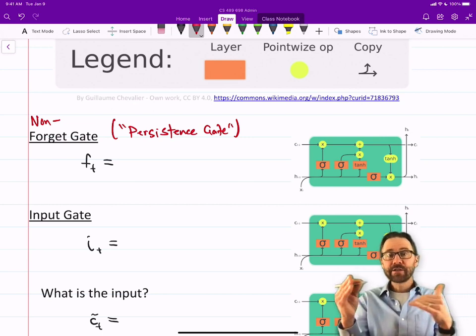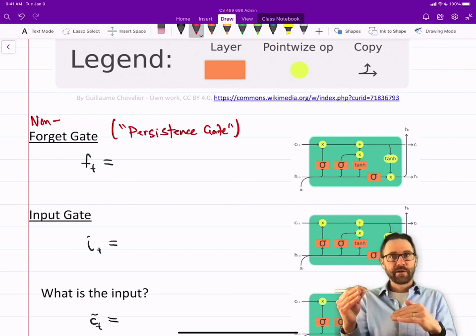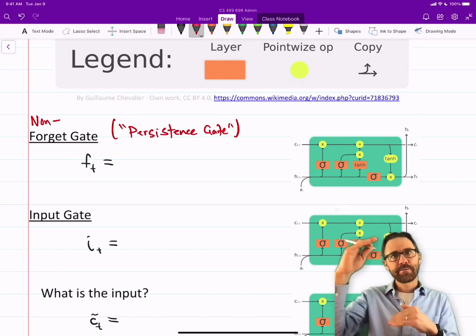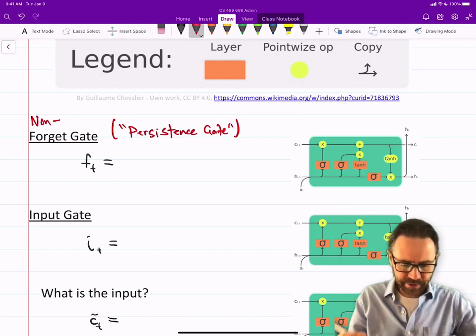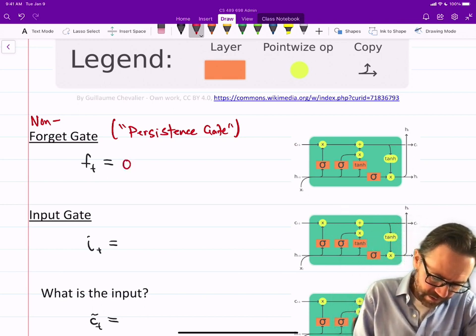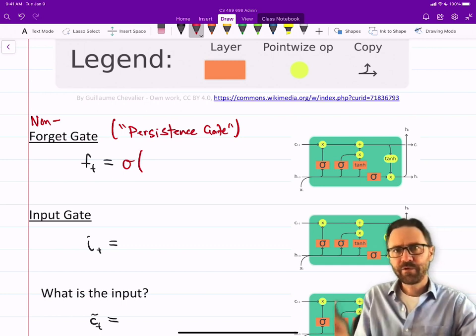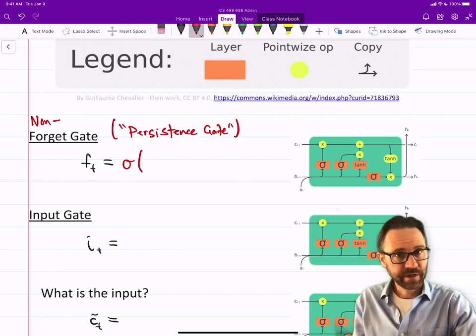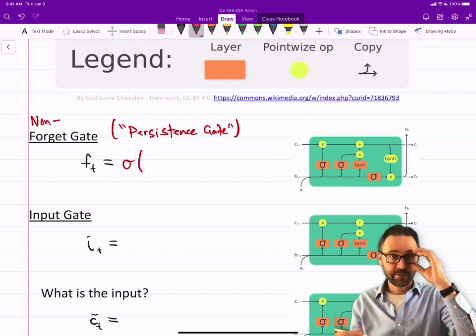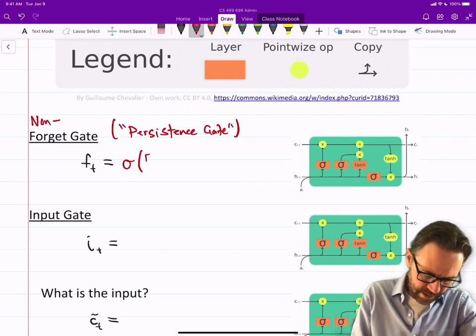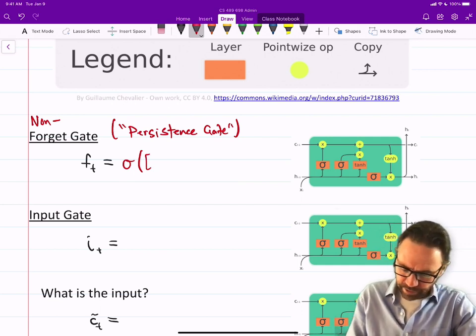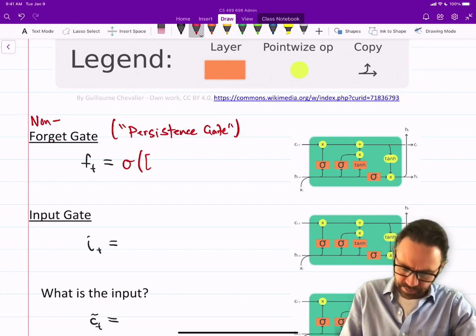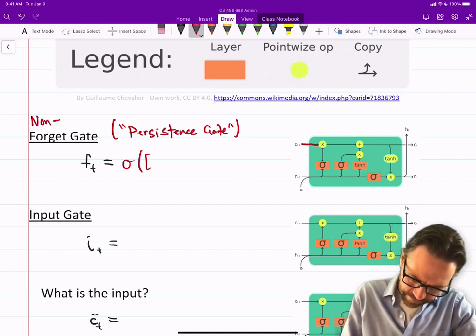It's going to be between 0 and 1. If it's 0 or 1, those are the opposite extremes of the forgetting or persistence operation. So it's going to be run through a logistic function, which will give something between 0 and 1. And what are the inputs here? So we're talking about this thing here.